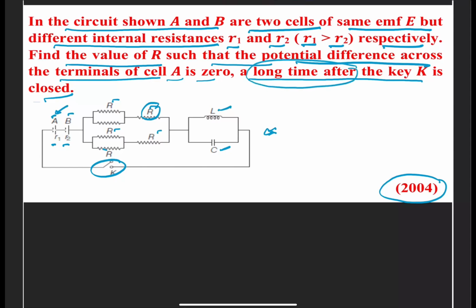So a long time basically means that we have to discuss the entire thing based on the steady state condition.